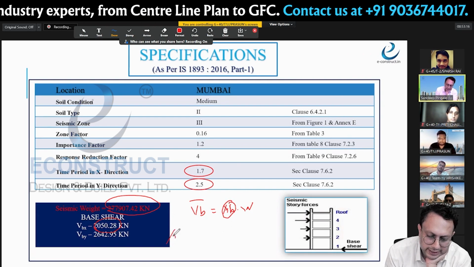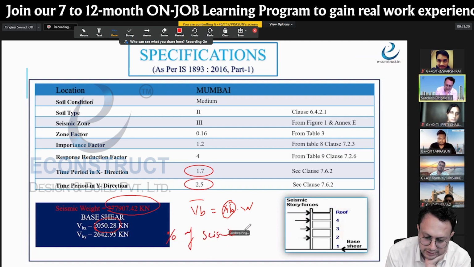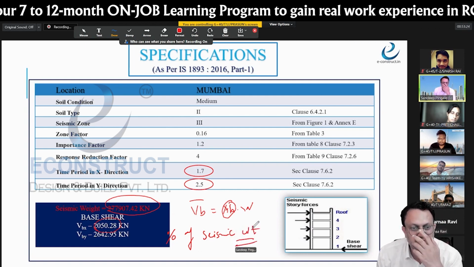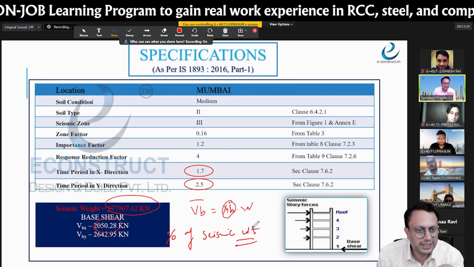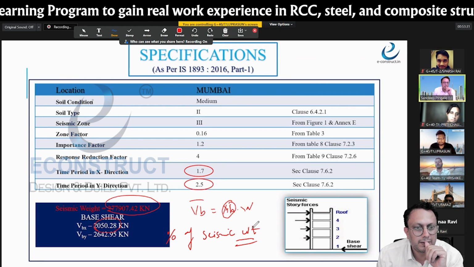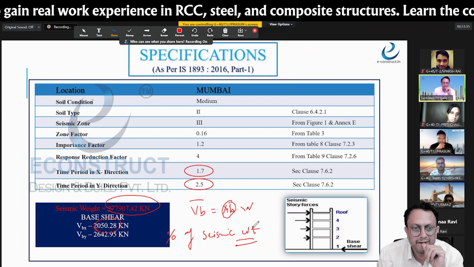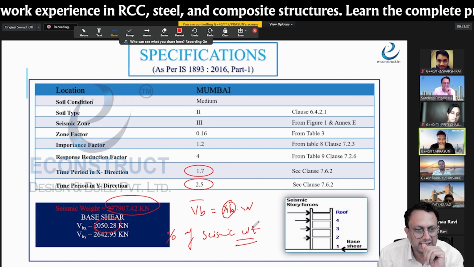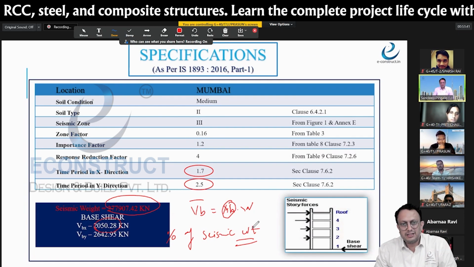Percentage of seismic weight. Horizontal acceleration coefficient is how much? That is very important. I think it is less than 1%. Correct? Yes, sir. So how come 1% only we are getting?